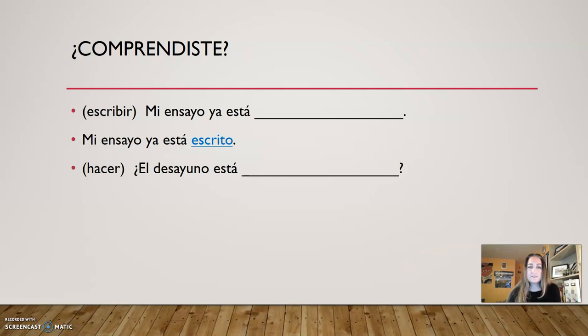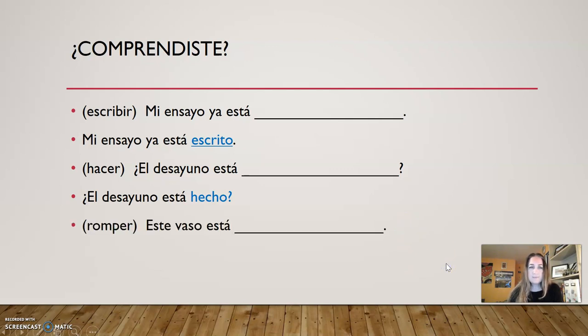Finish this question with the past participle of hacer. El desayuno está hecho is what you should have said. And complete this sentence with the past participle of romper. Este vaso está roto.